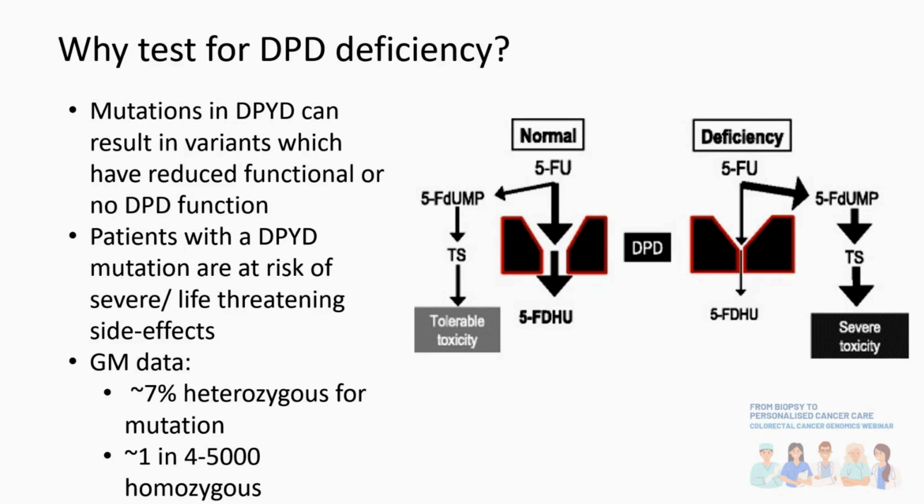These patients are expected to have no functioning DPD activity. So it's these patients that we're trying to identify by screening patients for DPYD mutations, so that we can try and tailor the dose of chemotherapy appropriately and reduce the risk of severe toxicity.